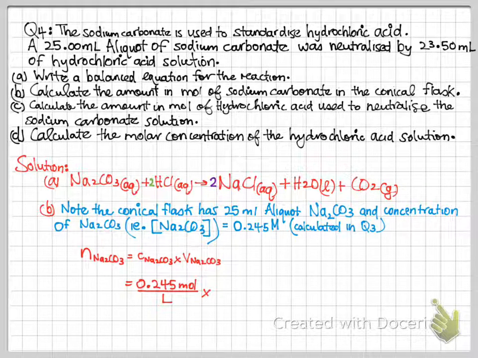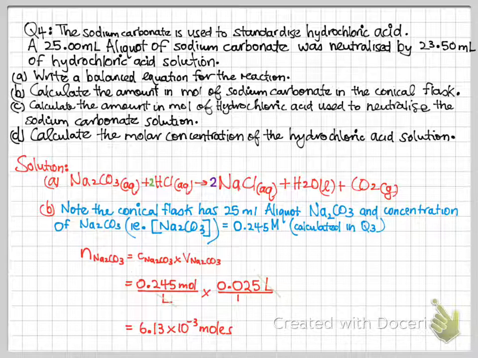Okay, here again notice that number of moles is concentration times volume, and concentration is moles per liter. I'm using units because it's going to be much easier to understand, and you can just see things cancelling out and you can understand why we're getting certain units. Now this gives us an answer of 6.13 times 10 to the minus 3 moles.